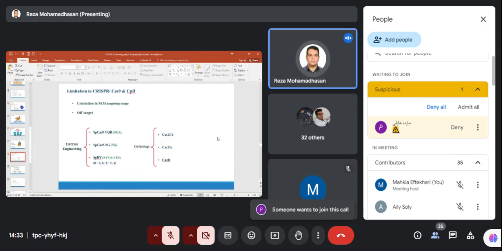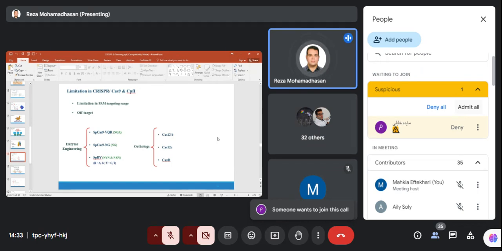However, there are some limitations in both CRISPR systems. The first is limitation in PAM targeting range. Although the PAM site of Cas12a or Cpf1 is a bit longer than Cas9, it's not sufficient.